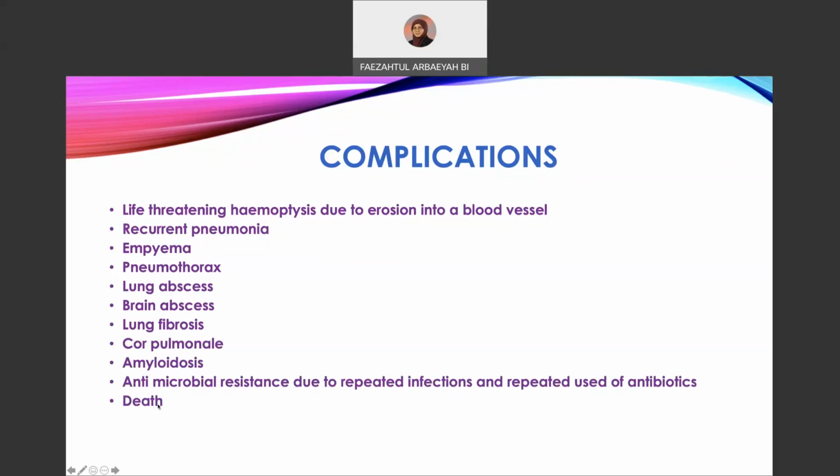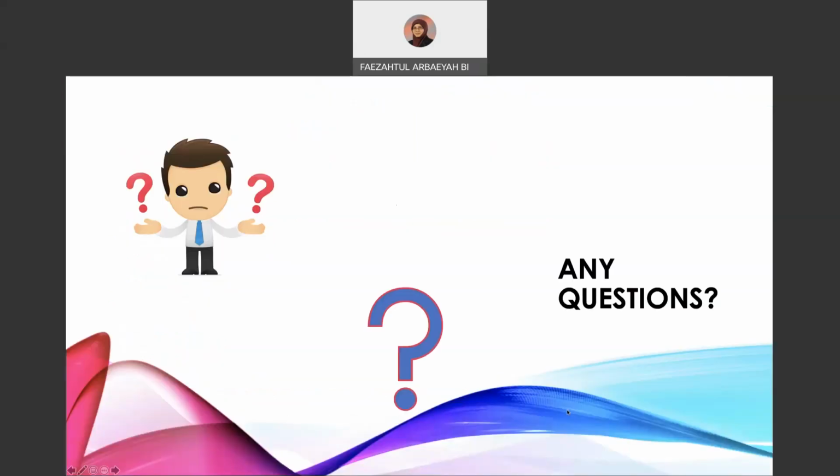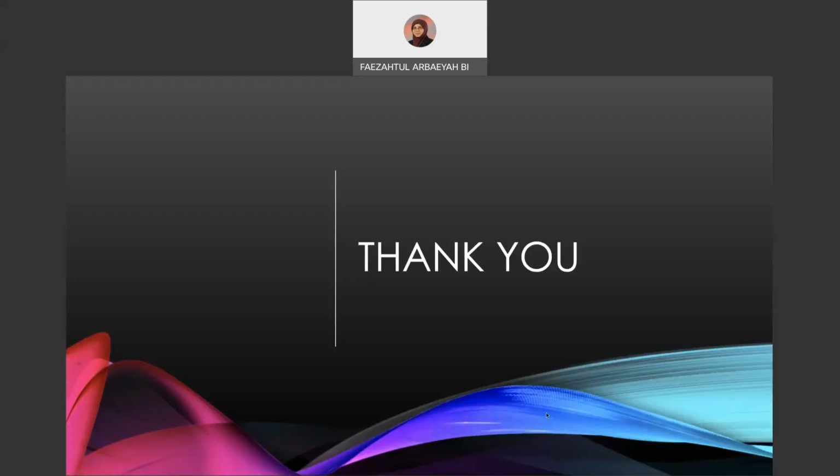And the last one is death. Currently, with better antibiotics and physical therapy, there is improvement in the life expectancy of patients with bronchiectasis. Okay, thank you.